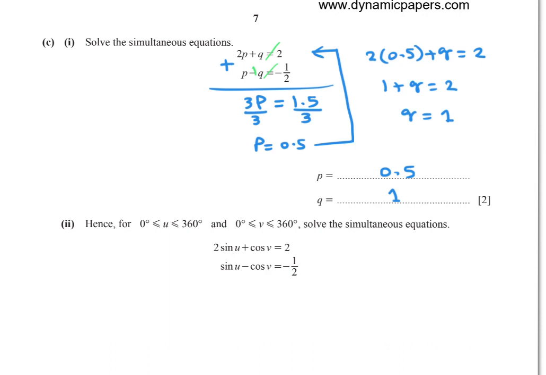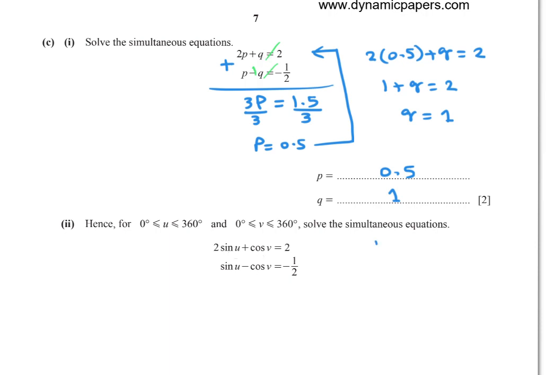This equation is the same as that one. 2p plus q equals 2 becomes 2 sine plus cosine equals 2. p minus q equals negative half becomes sine minus cosine equals negative half. So he substituted p by sine u and q by cosine v.